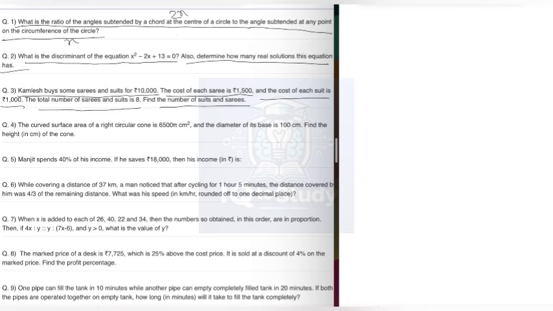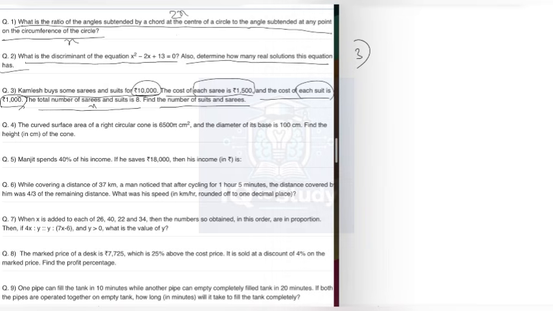Given total cost is 10,000 rupees and cost of each saree is 1,500 rupees and each suit is 1,000 rupees. And the total number of sarees plus suits is 8.